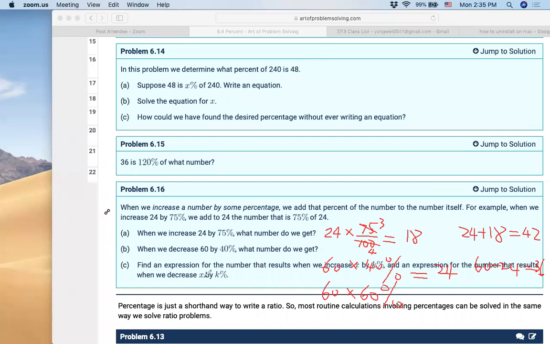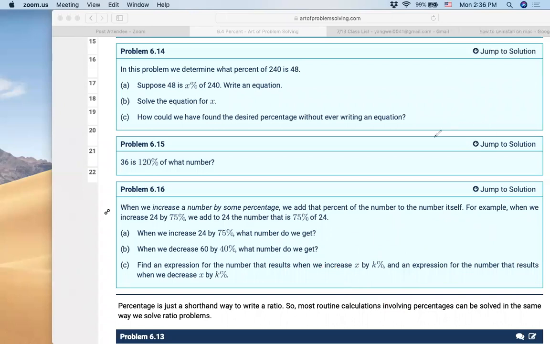Now, C: they ask you to find the expression for the number that results when we increase x by k%, and the expression for the number that results when we decrease x by k%. If you increase x by k%, the new number will be x plus x times k%.